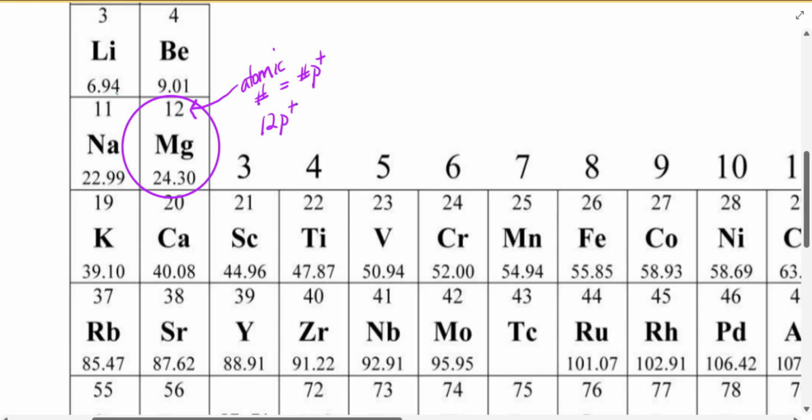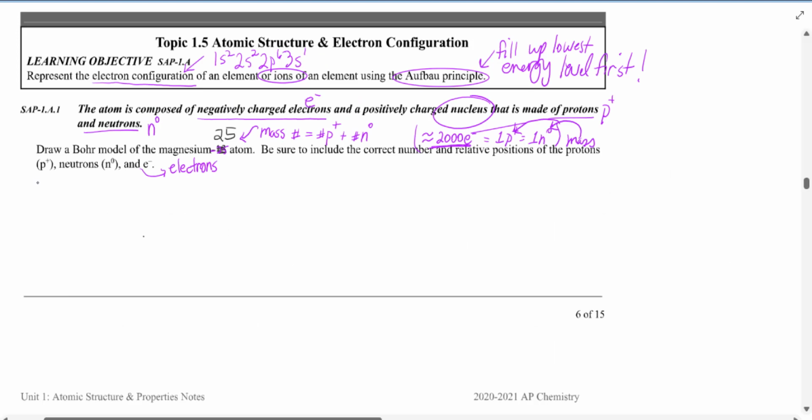And in an atom, not an ion, the number of protons equals the number of electrons, so we also have 12 electrons. In this magnesium atom, we have 12 protons, 12 electrons, and we know the mass number is 25 right here. The number of neutrons plus the number of protons is equal to the mass number.